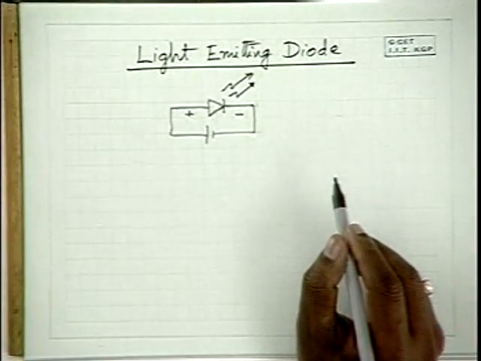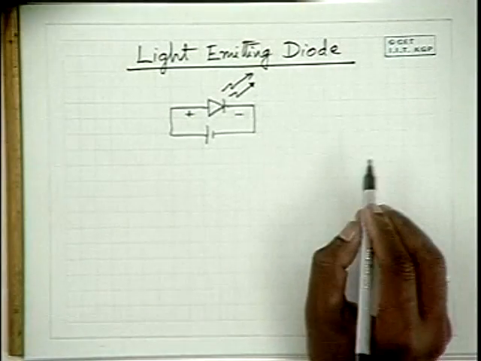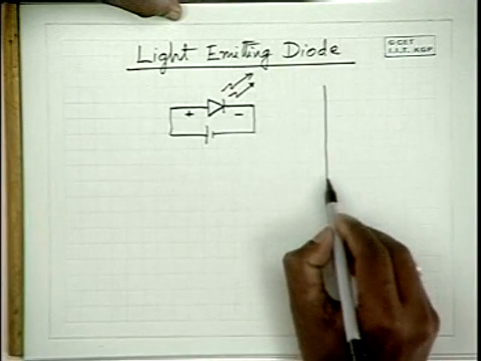The volt ampere characteristics of such diodes is like this.